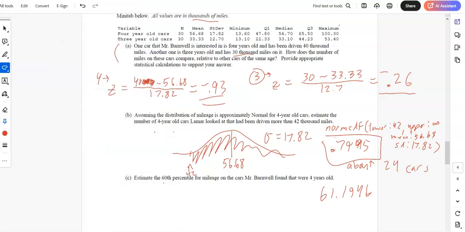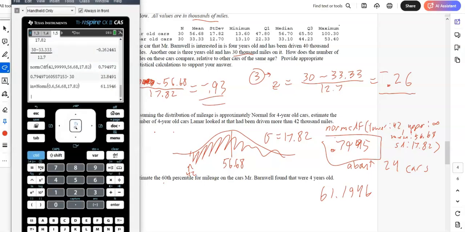What does the question ask for? Estimate the 60th percentile. Does that make sense? Oh, mileage. So that means about 61,000 miles.